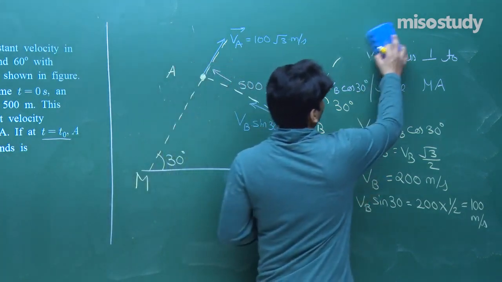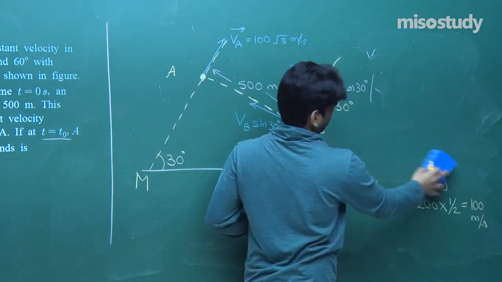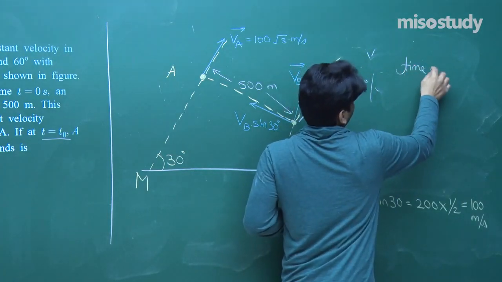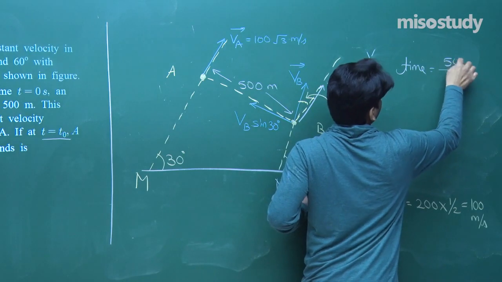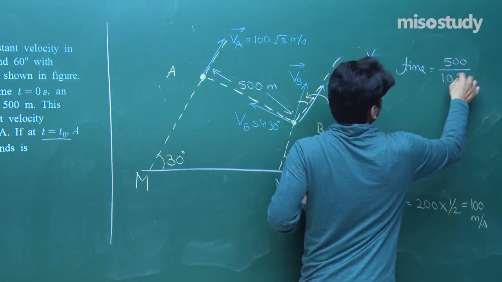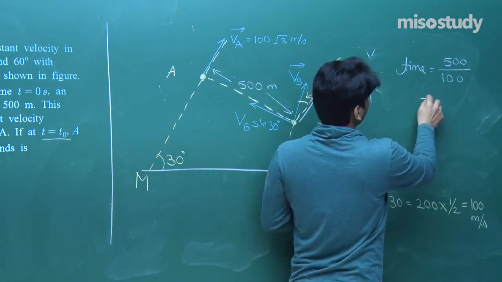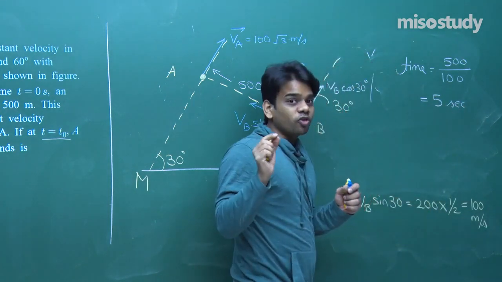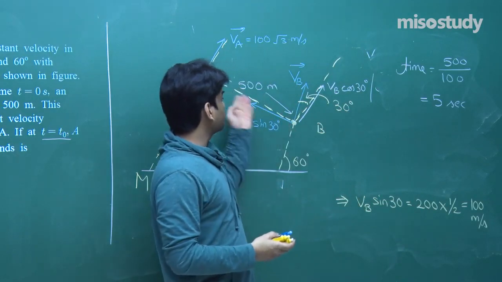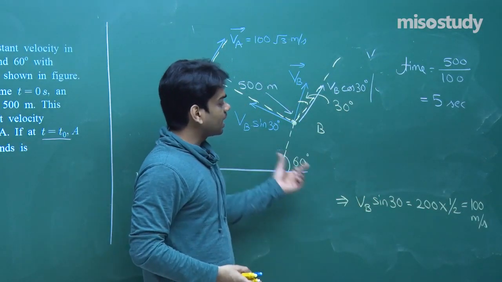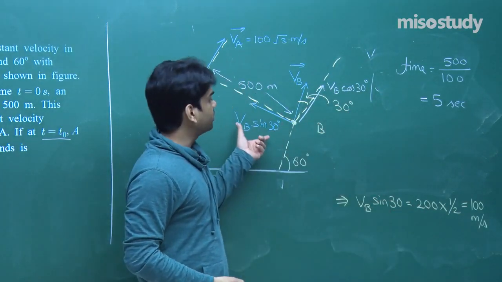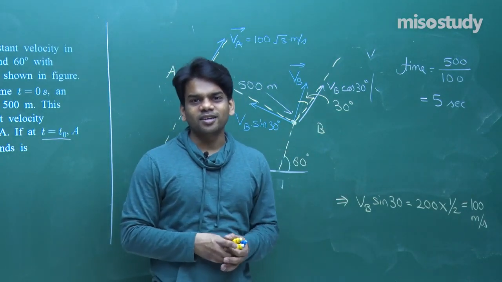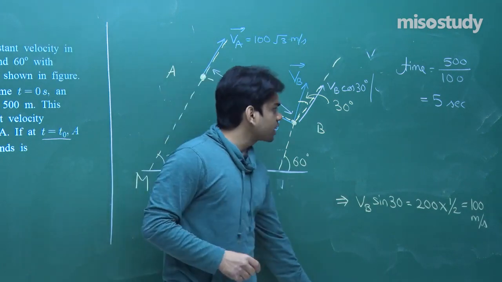So the time will come out to be 500 divided by 100, and that will be equal to 5 seconds. I hope that you have understood each of my statements. Now B is approaching towards this with the speed VB sin 30 degree, that is actually 100. So I have put this speed while calculating the time taken. Distance is 500, so 500 by speed, that is 100, will be equal to 5 seconds.